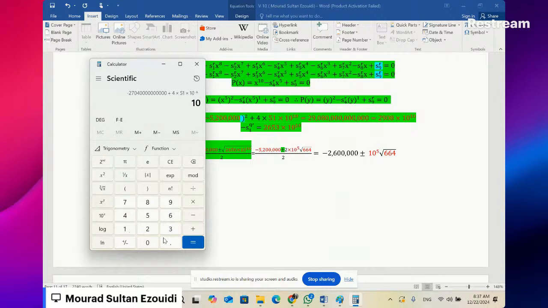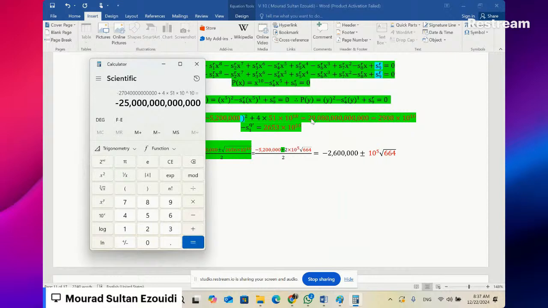This calculation will give us negative 25. I will write it equal to negative 25.